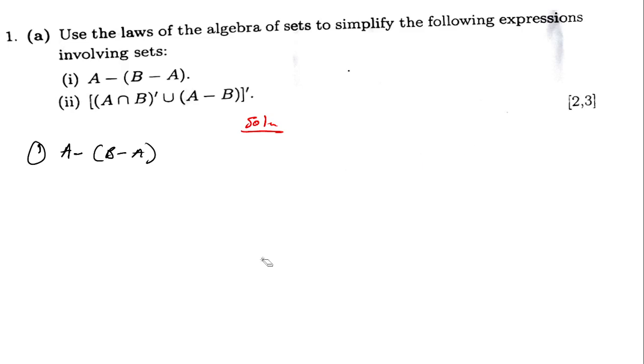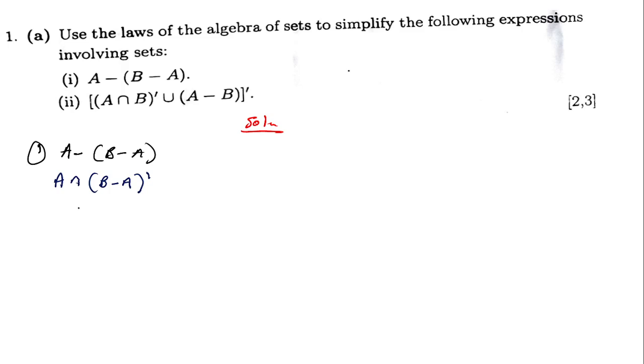What I'm going to do right now is change this minus to intersection, so it will be A intersection, and then B minus A, close bracket, complement. I have put a complement on this side because I've changed a minus to an intersection.